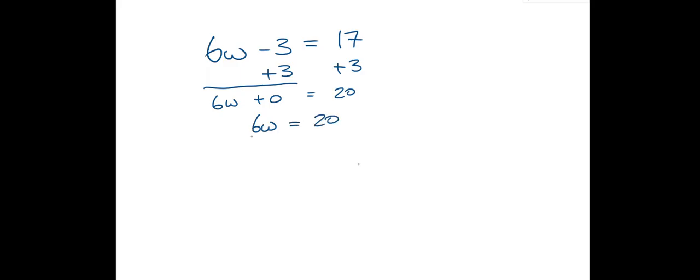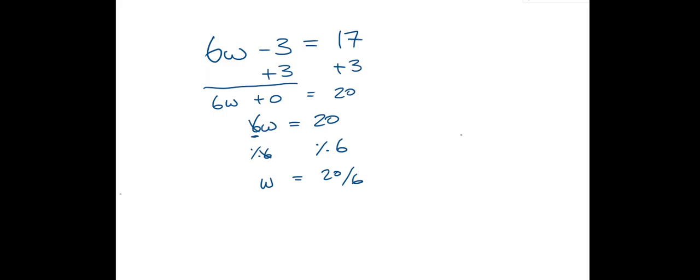And now we want to get rid of this 6. This is the only thing which isn't a w on this side. So it's 6 times w. So we want to divide by 6. And whatever we do to one side, we have to do to the other side. They're going to cancel. They're going to go to 1, which leaves us with w. And now we've got 20 over 6.